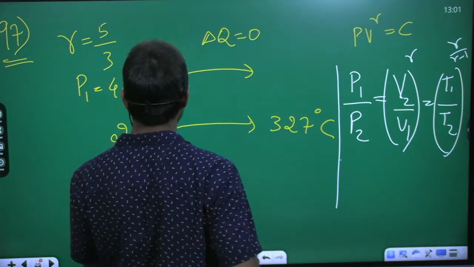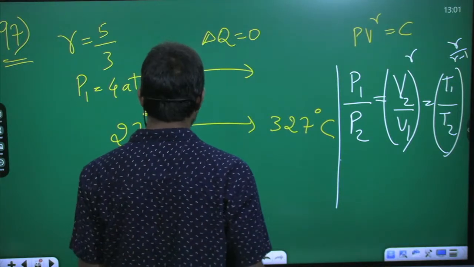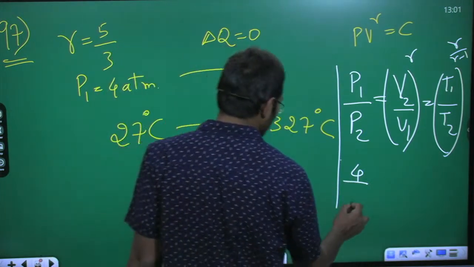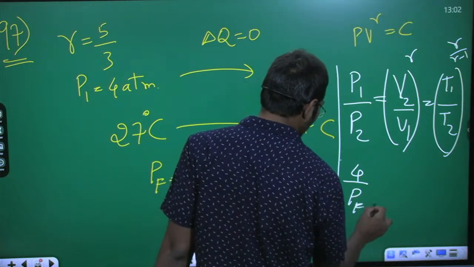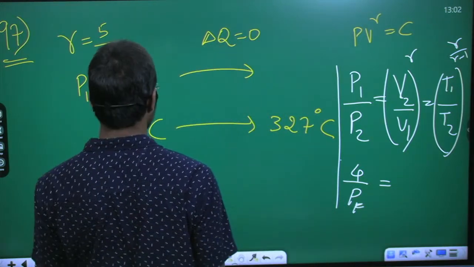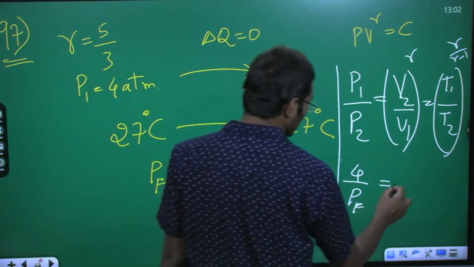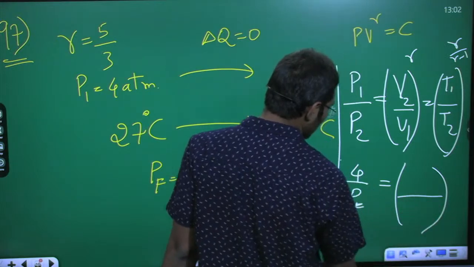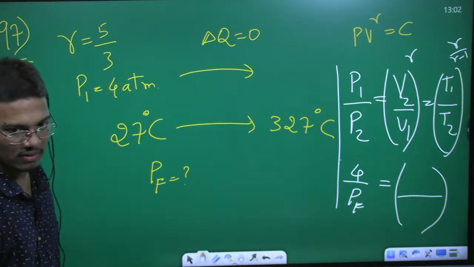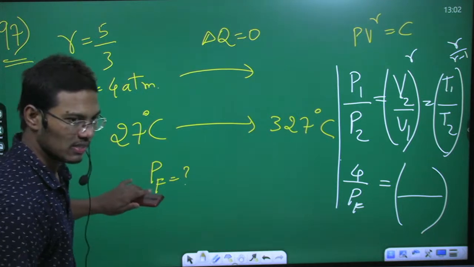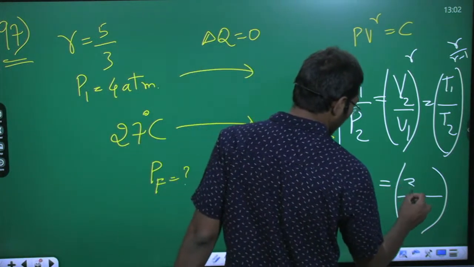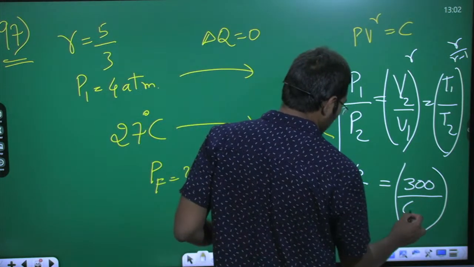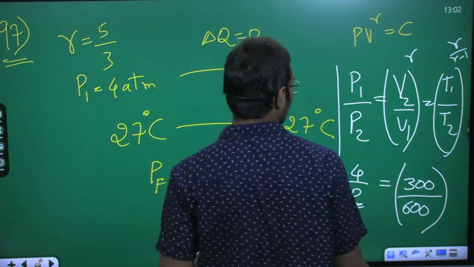So the initial pressure is given as 4. The final pressure is being asked. The initial temperature is 27. Convert it into Kelvin. What will it be? 27 degrees plus 273, 300. 327 plus 273, 600. Gamma by gamma minus 1.